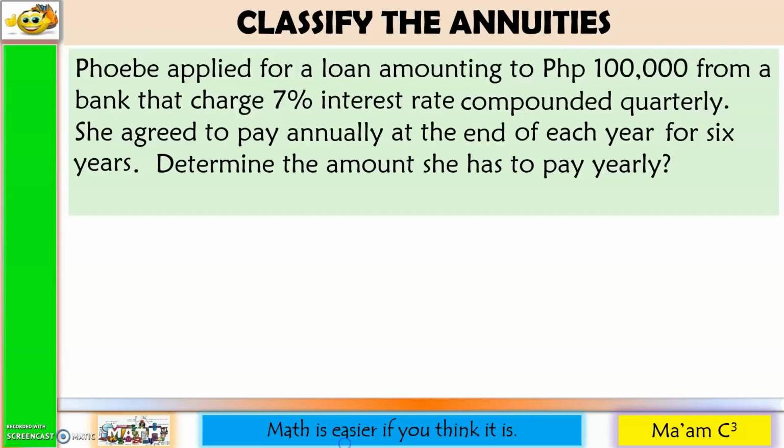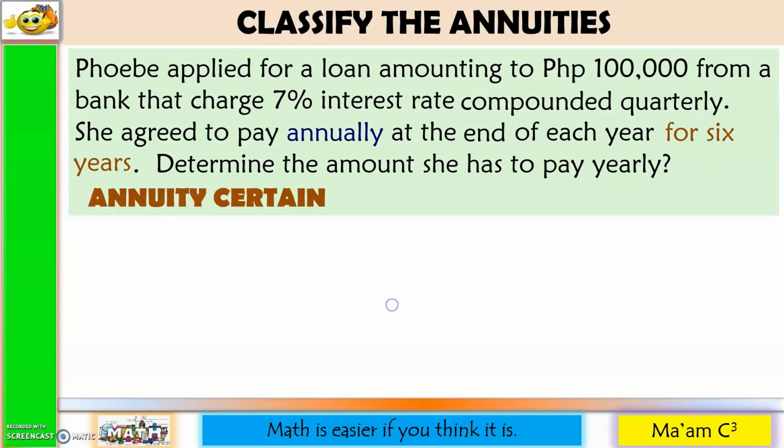Next example, Phoebe applied for a loan amounting to 100,000 pesos from a bank that charged 7% interest rate compounded quarterly. She agreed to pay annually at the end of each year for 6 years. Determine the amount she has to pay yearly. It says here that Phoebe has to pay for 6 years, so this is annuity certain.